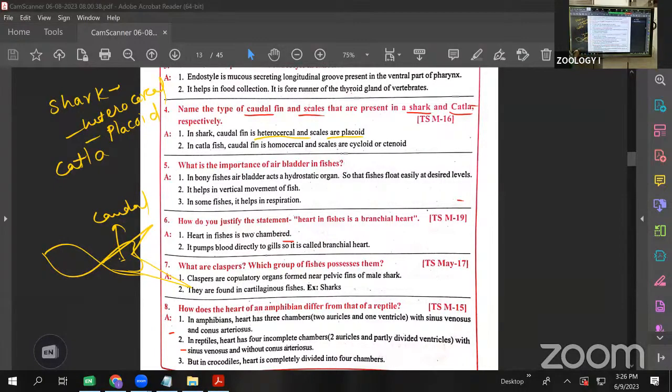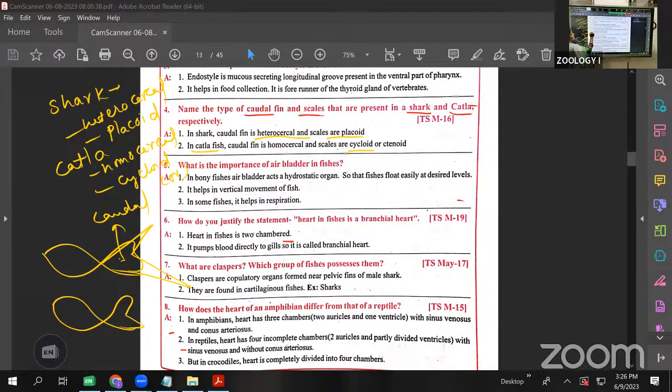Next, the catla, the next fish, is having the homocercal tail. Homocercal means the caudal fin lobes are equal. Here a homocercal type of caudal fin is present, and which type of scales are present? Cycloid or ctenoid.